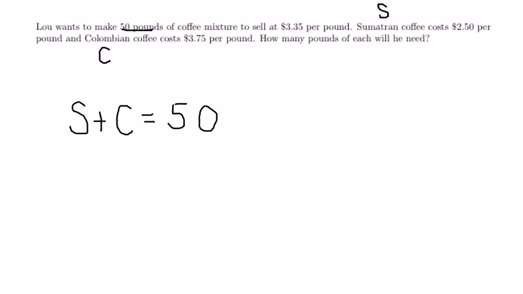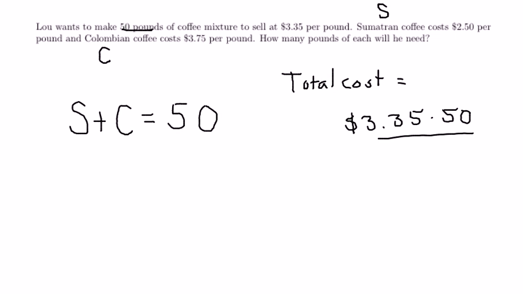Now, the total cost of the resulting mixture is going to be $3.35 times 50 pounds. That's the key observation, because whatever we spend on Sumatran coffee plus whatever we spend on Colombian coffee has to add up to this total cost.